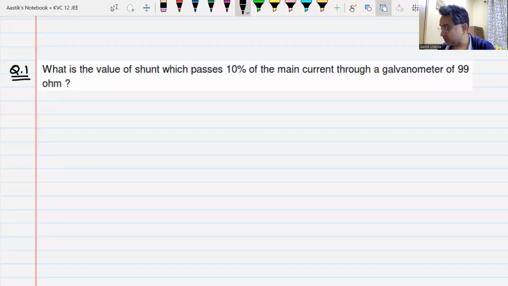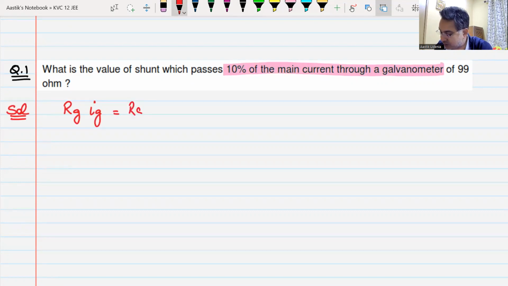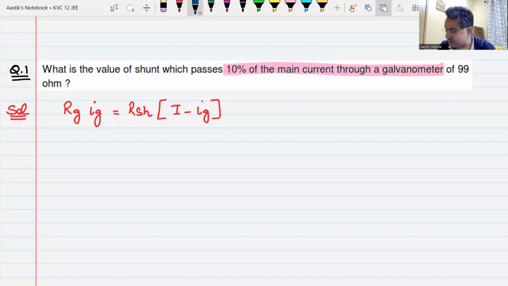So how are we supposed to do this? Find the value of shunt which passes 10% of current through the galvanometer. The only equation that I have told in the galvanometer is this: Ig into Rg is equal to R shunt into I minus Ig. You just have to put the values and get the answer.